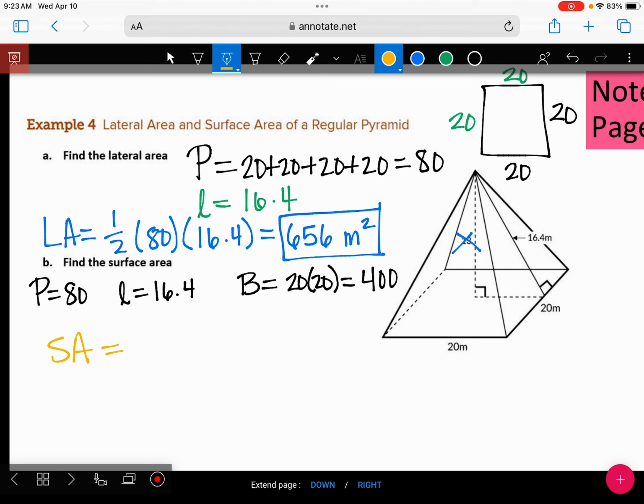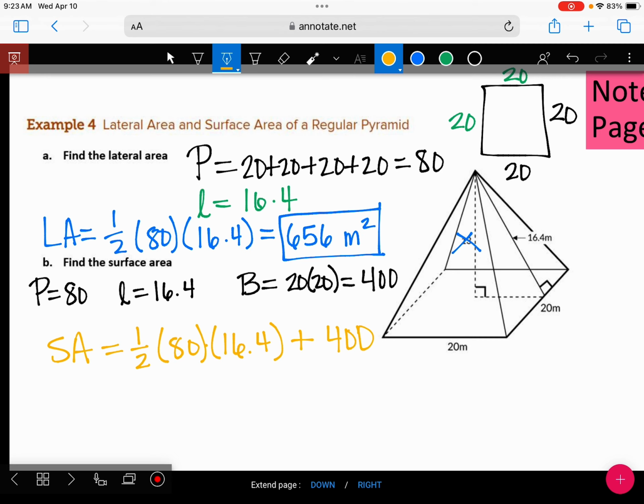So now we're going to do our whole formula for surface area. Surface area equals the perimeter, which is 80, times the slant height, plus the area. Oh, and I keep forgetting to put that 1/2. Let me put that 1/2 in there. Sorry, let me start over. It's 1/2 times the perimeter times the slant height plus the area of the base.